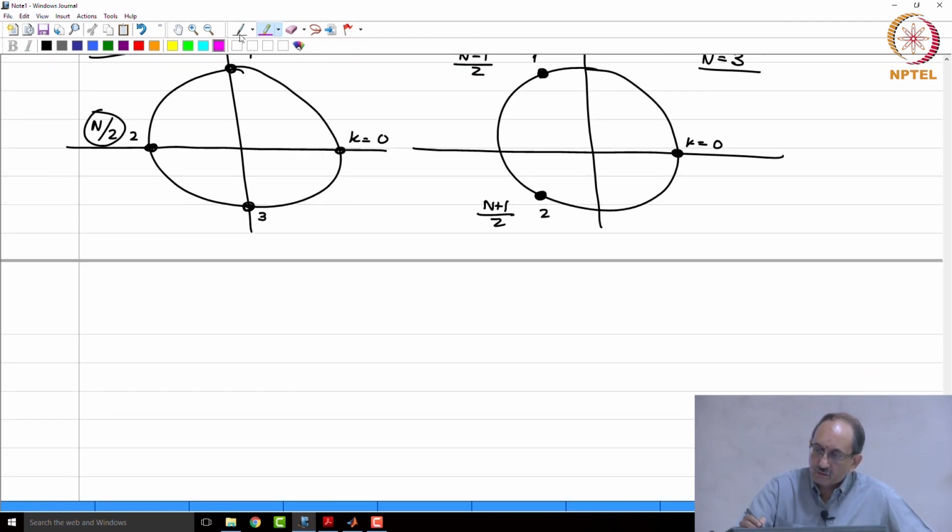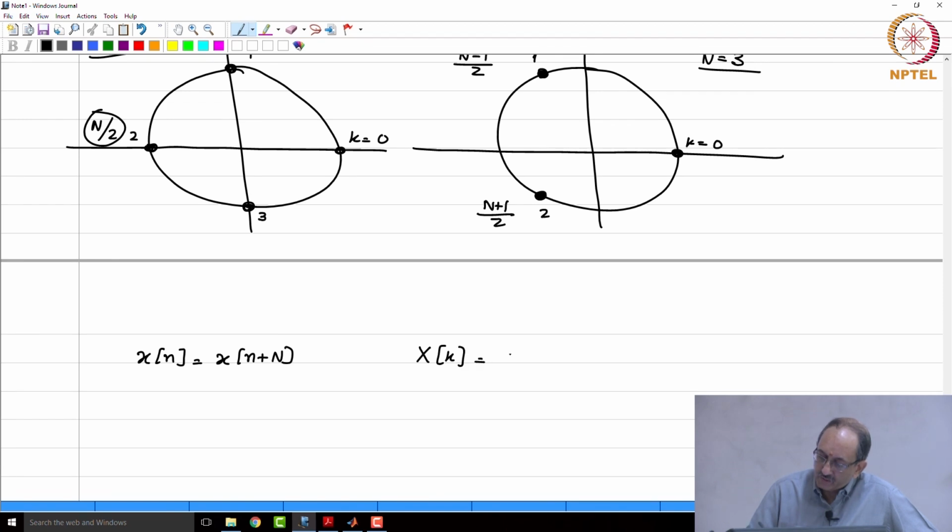And in this context, it is very important to realize that x of n equals x of n plus capital N, and it is also the case that X of k, which is the DFT coefficient, also is periodic with period capital N. So one immediate consequence of this, we have already seen this before when we were looking at discrete time periodic complex exponentials.